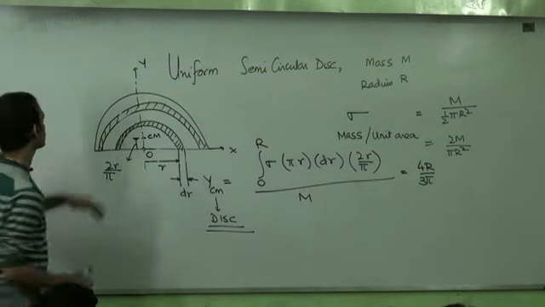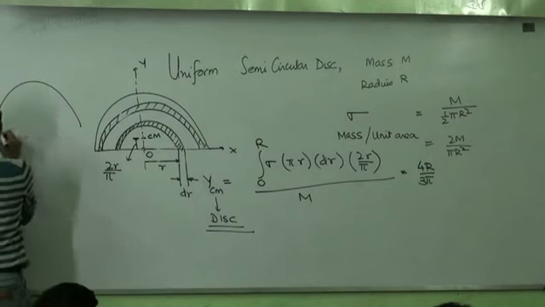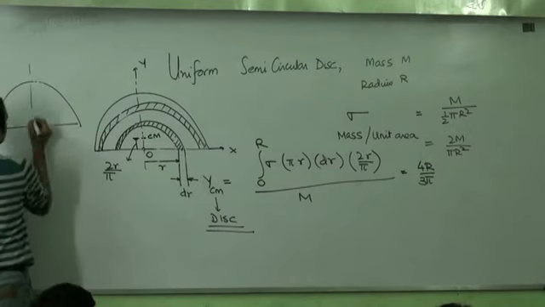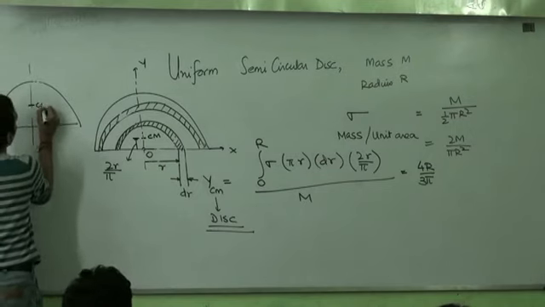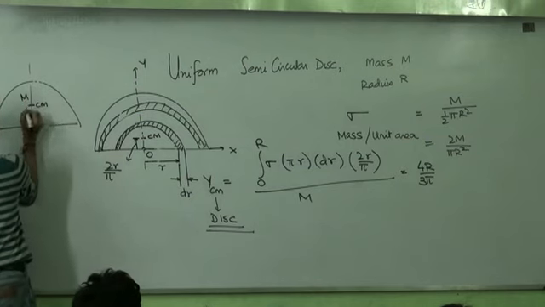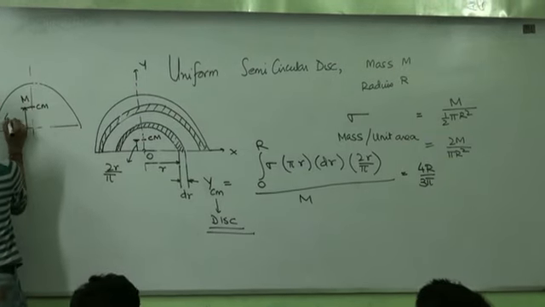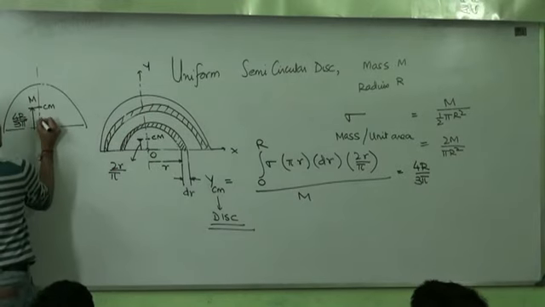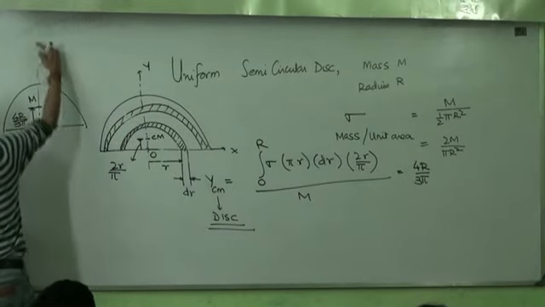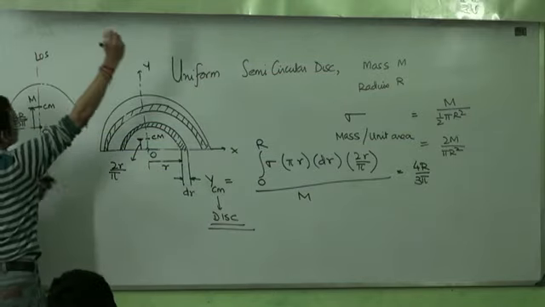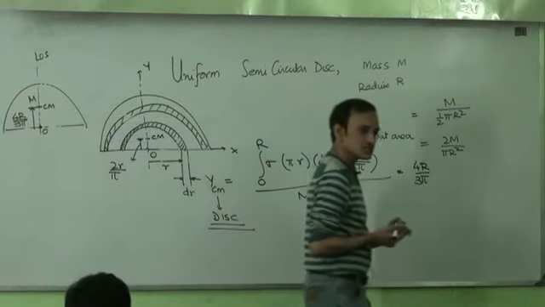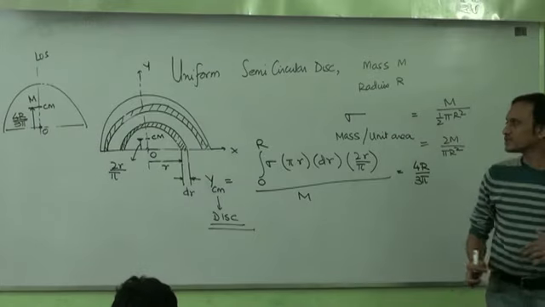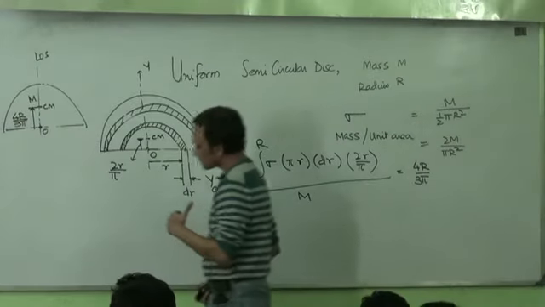So if I have a disk, then this disk could be replaced, for the sake of applying Newton's second law, by one single mass, capital M, placed at 4r by 3 pi from the geometrical center along the line of symmetry. Are you okay with this? Okay, now that was the story of the semicircular disk.